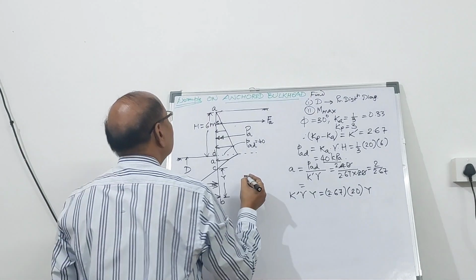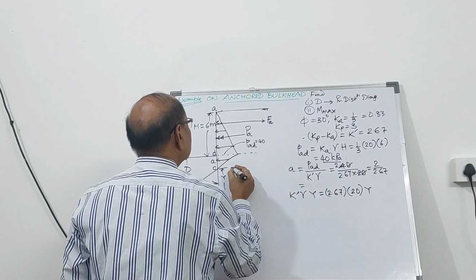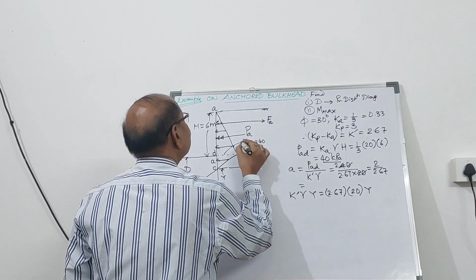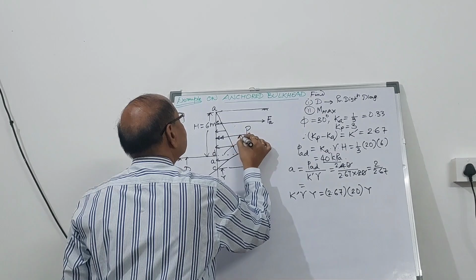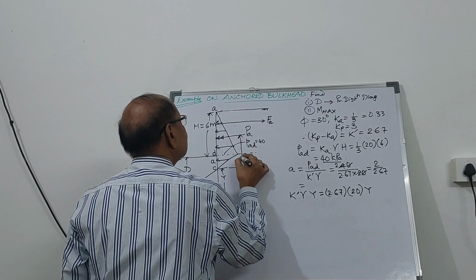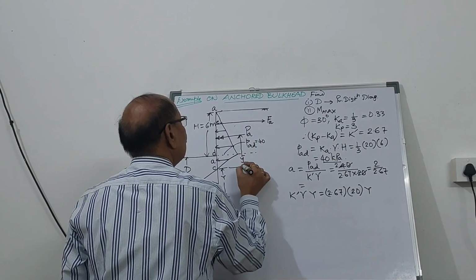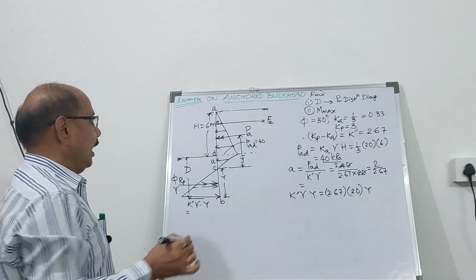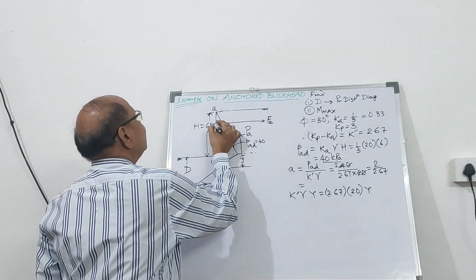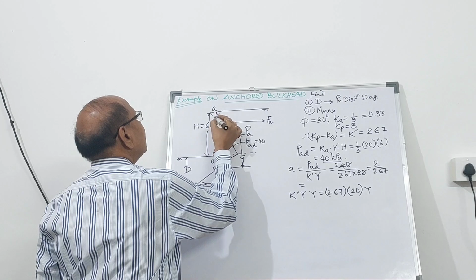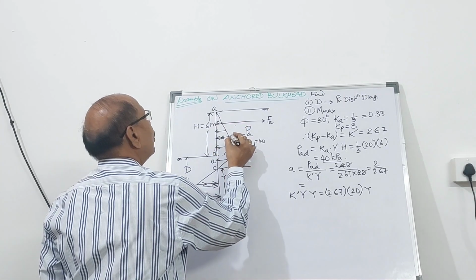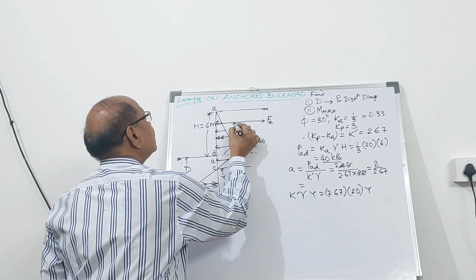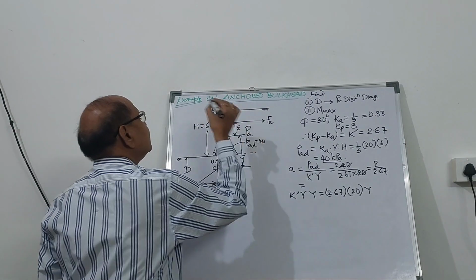And you can always find out the distance of PA from C up to here, and that distance could be taken as Y bar. And all the moments are to be taken about the anchor rod. So this distance can be taken as Z bar.